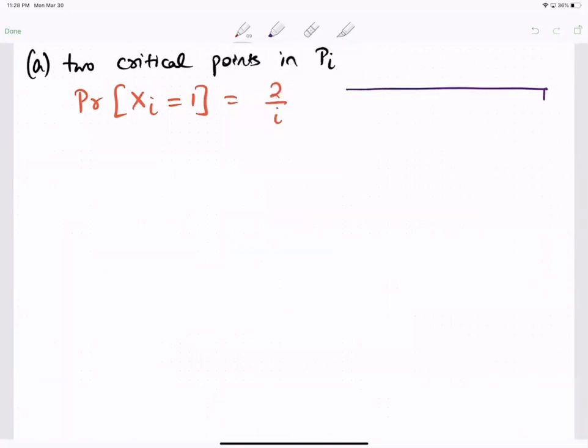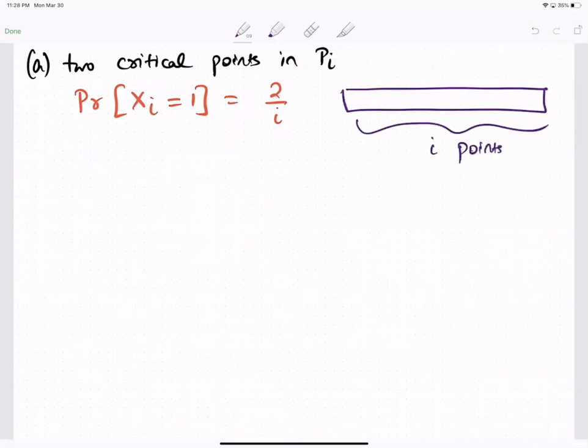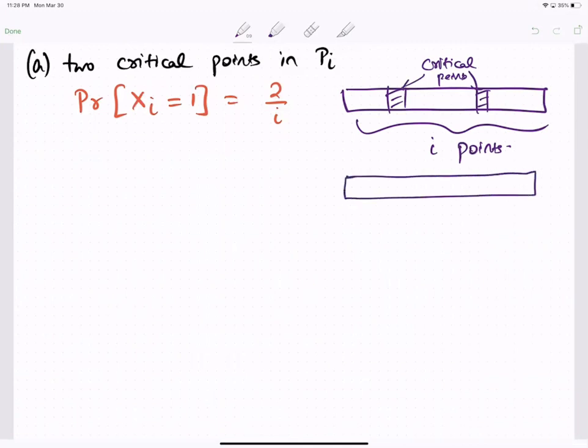We have these i points here, and we are saying 2 among them are critical points. And what did we do with these i points? We've created a random permutation of them.